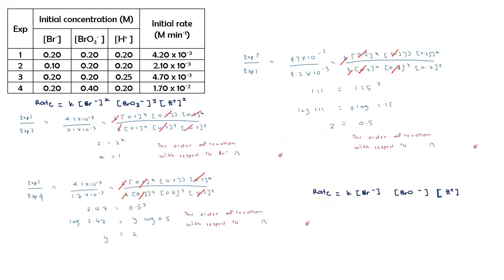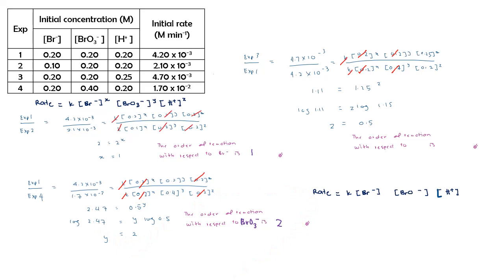For the order of reaction with respect to Br minus, it is first order, and then for the next one, the order of reaction with respect to BrO3 minus, from your calculation by comparing experiment 1 and experiment 4, you will get the order of reaction is 2.